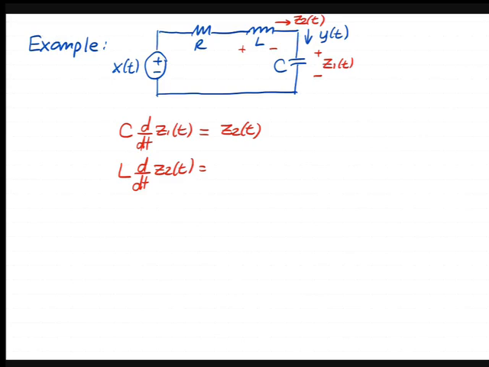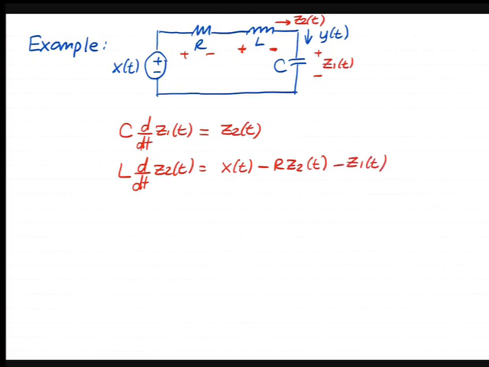So what is this voltage here across the inductor in terms of the other voltages? It is x minus this voltage, which is R times z2, right? And then this voltage, which is z1.